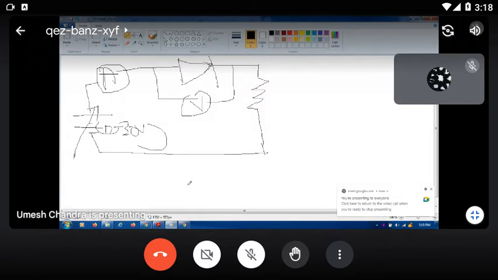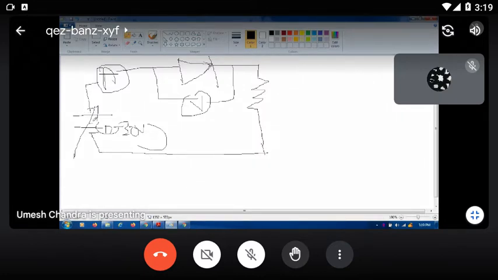Sir, to measure the current. Voltmeter is always connected in parallel.